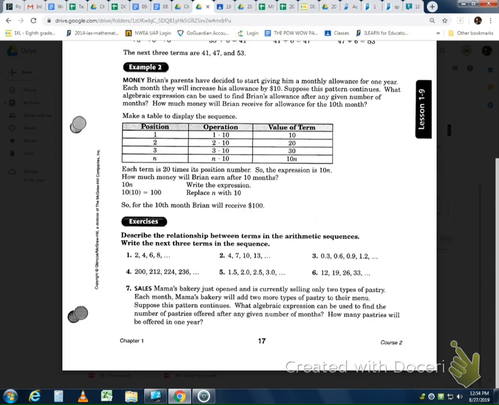So if we look at this, and we think again of month and number of pastries. So month and then pastries. So in month 1, how many were there?